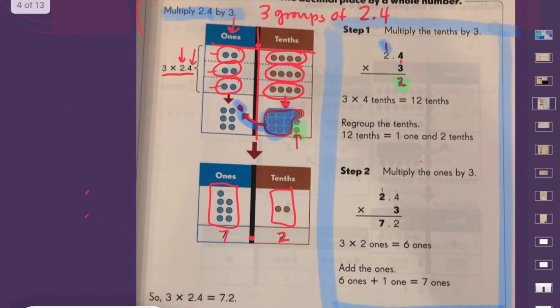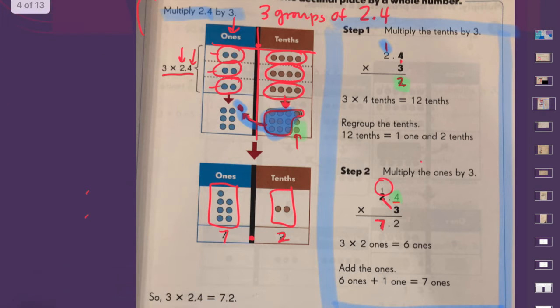Second step then is to multiply 3 by 2 ones. So 3 times 2 is 6, and then we can't forget to add in that 1 that we regrouped, so we have 7. So 7.2. Now, to know where to put the decimal point, we look at our factors, 2.4 and 3, and we look to see how many digits are behind the decimal point.